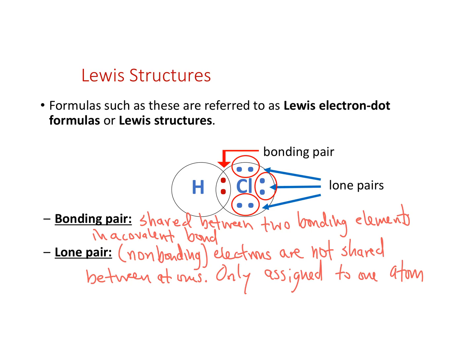So in this example here, I've got a bonding pair that represent 2 electrons, and I have 3 lone pairs that represent 6 electrons total. So just be careful. You may be asked for electrons, or you may be asked for pairs. If I asked you how many lone pair electrons, we would answer that as I have 3 lone pairs of electrons on chlorine for a total of 6 electrons.